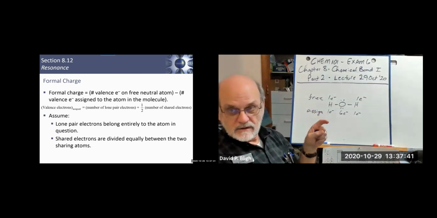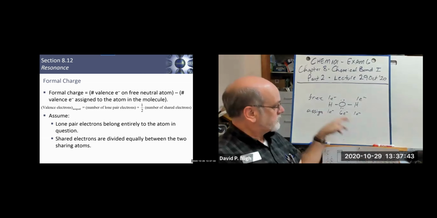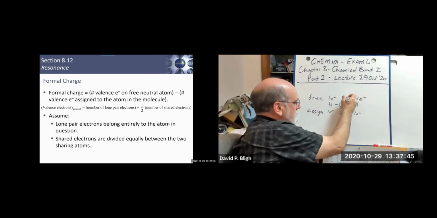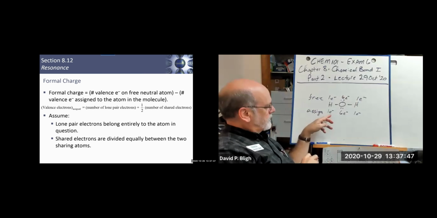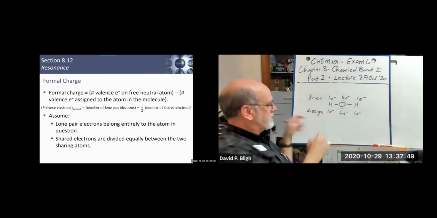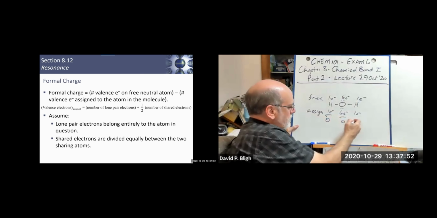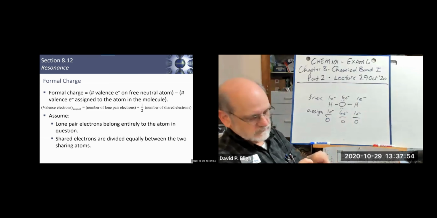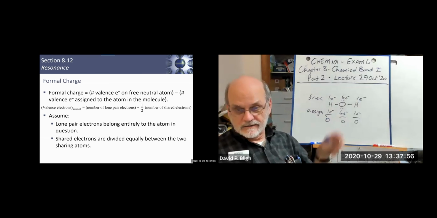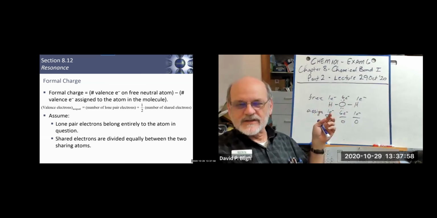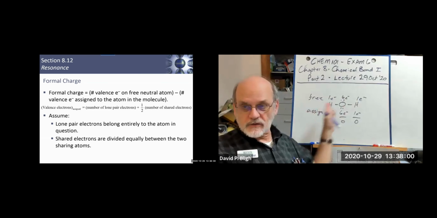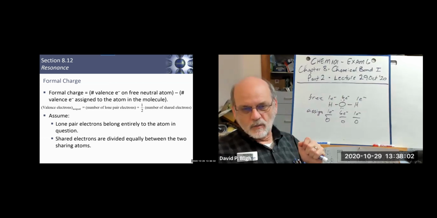How about oxygen? Oxygen is in group 6, so it has 6. Subtract the assigned from the free: 0, 0, 0. That's ideal. A 0 formal charge on each of those elements in the water molecule.